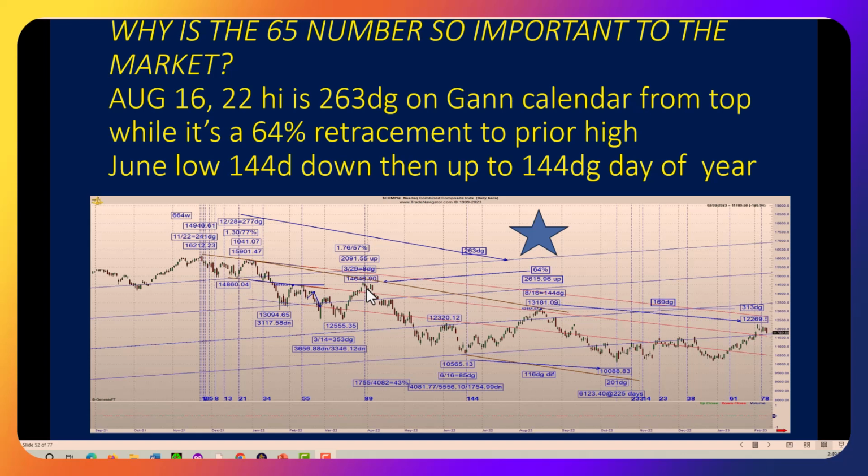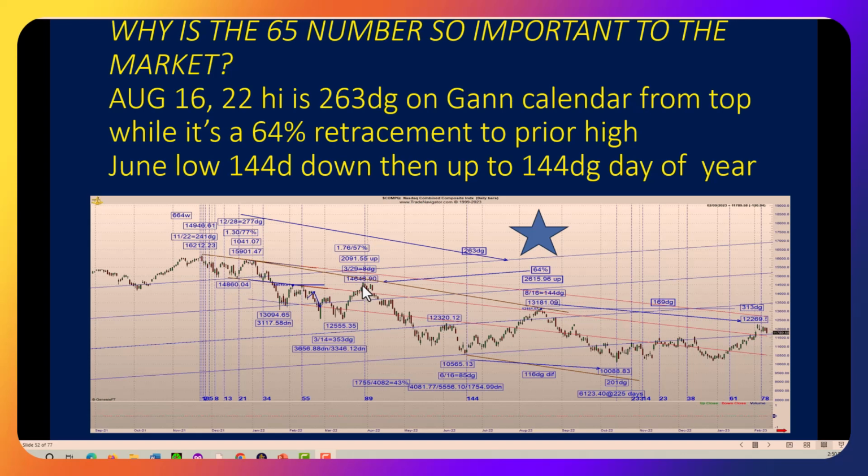Let me go over this one more time. 664 weeks up, 263 DG at the point in time that it's 144 degrees. That's August 16th. After 143, 144 days down, and it was the 64% retracement back to its prior high.